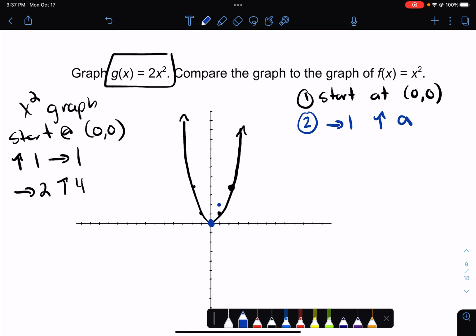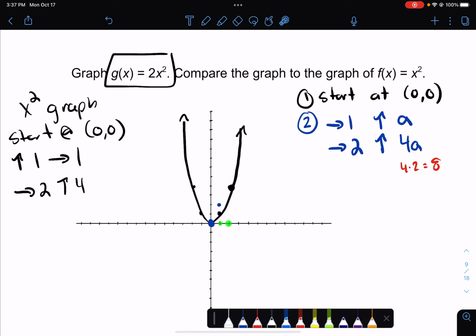Then for my next point, I'm going to go over 2 and I'm going to go up 4 times a. So I'm going to go over 1, 2, and a is 2, right? In this problem, if a is 2, 4 times 2 equals 8. So I'm going to go over 2, up 8.